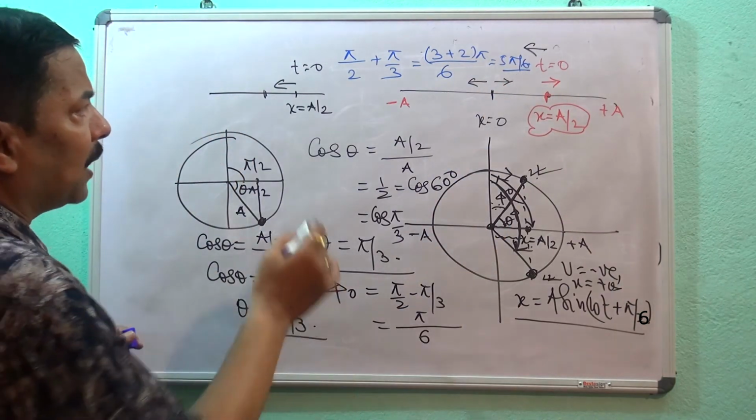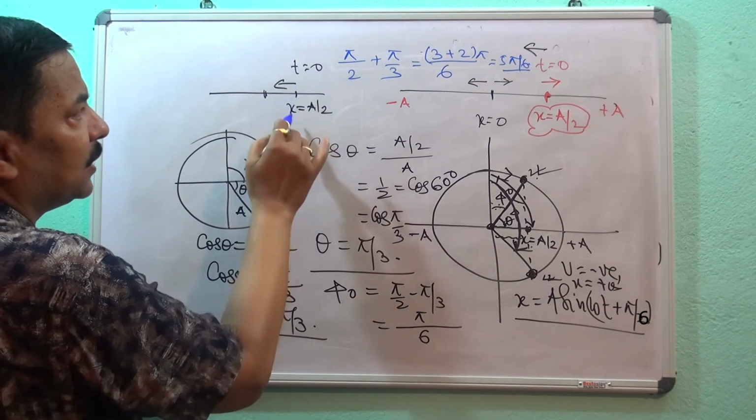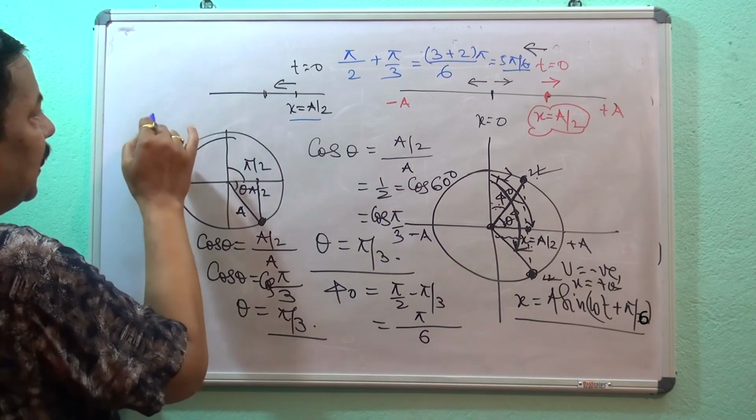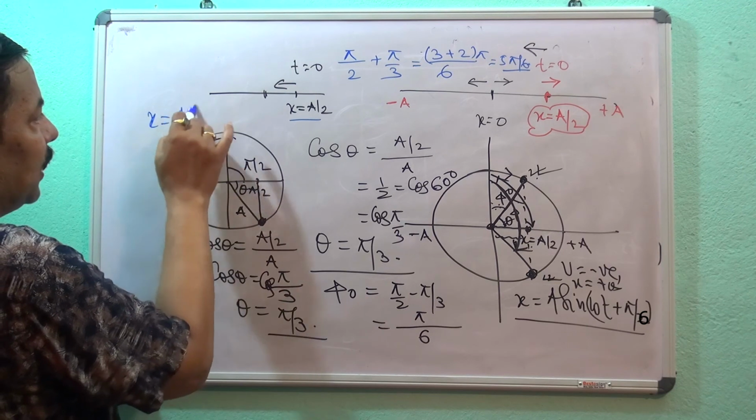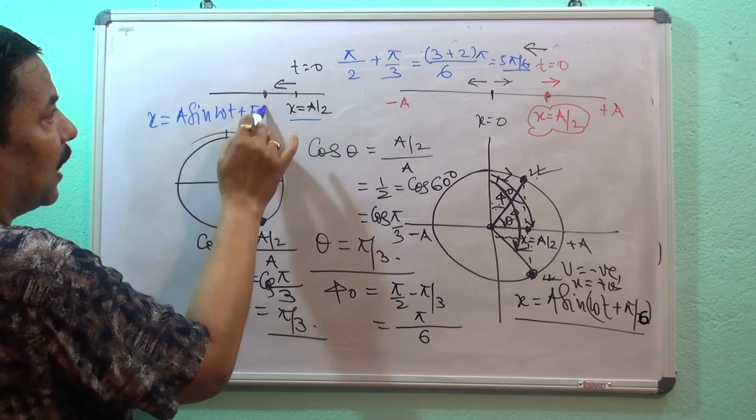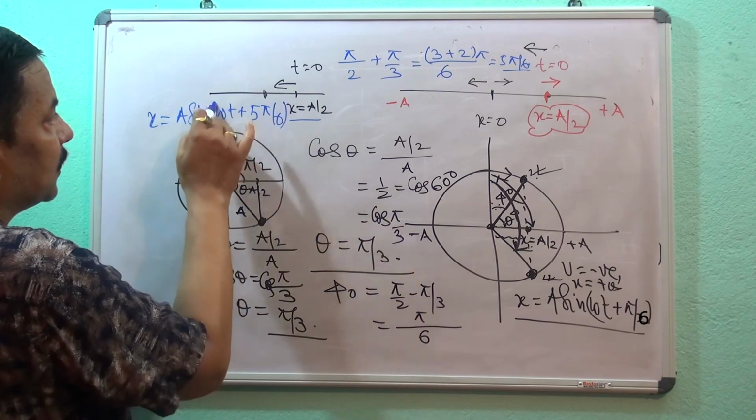So if the particle is moving in this direction at t equal to 0, then the equation will be x is equal to a sine(omega t plus 5 pi by 6).